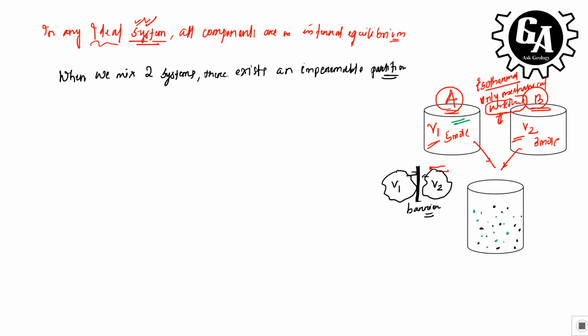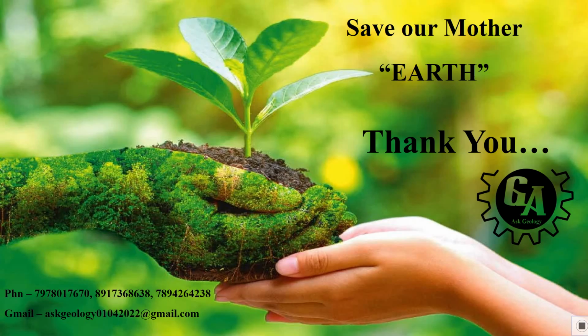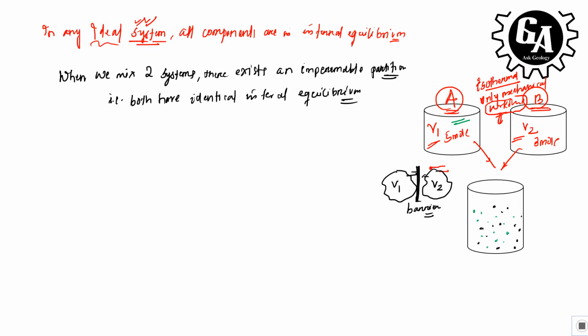What is that? Both have different internal equilibrium. Maybe in this gas, whatever they are in internal equilibrium, in this B it is maintained in a different internal equilibrium condition.